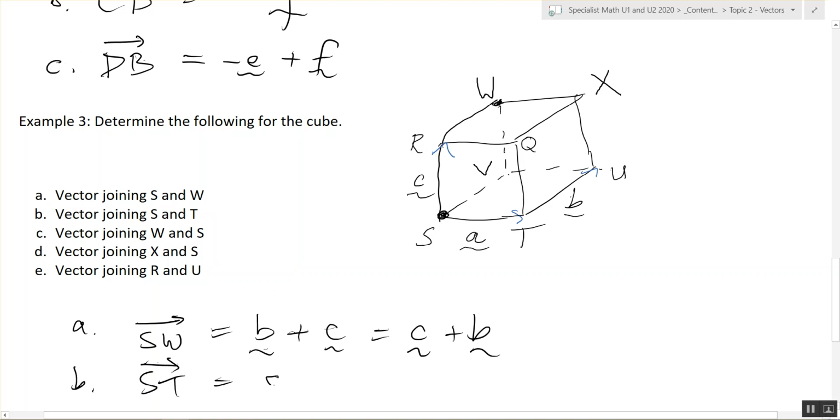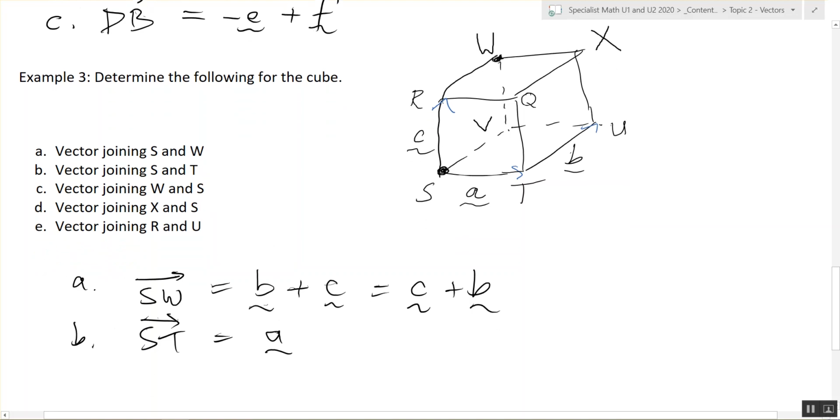A? Yep. Negative c, vertical to negative 3. Yep, so we go down and then across. If you had negative b, negative c, that's also correct.